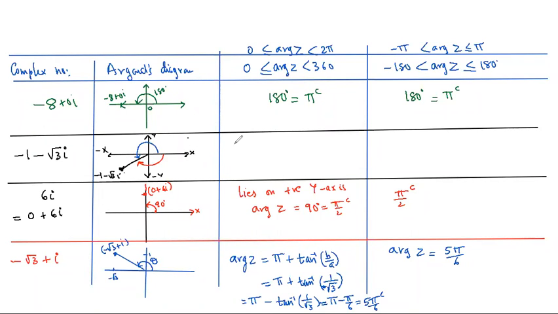So in this way, if you are measuring, the answer is 180 degrees or pi plus tan inverse b by a.